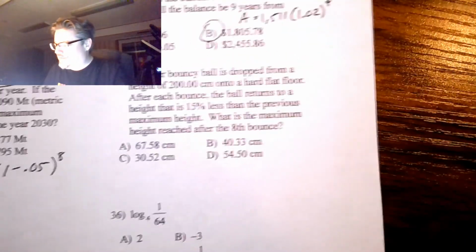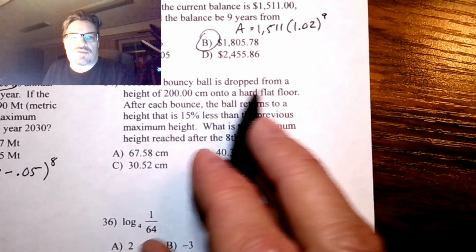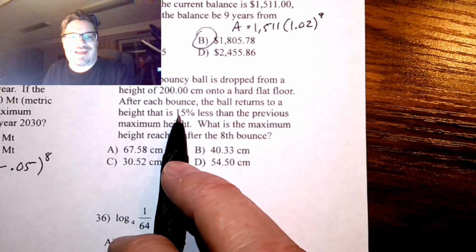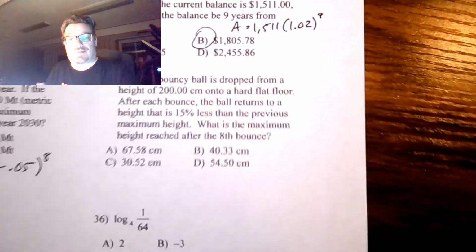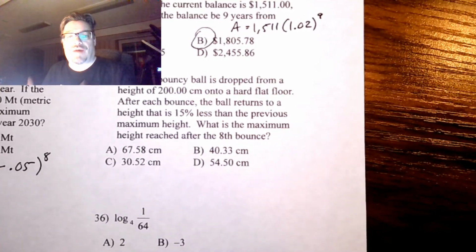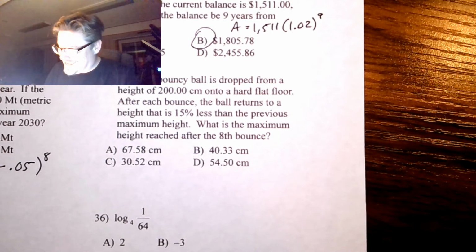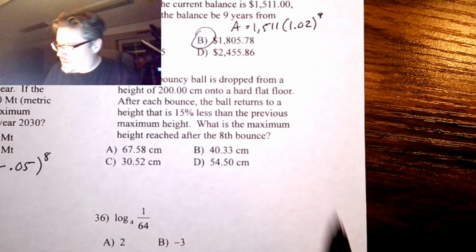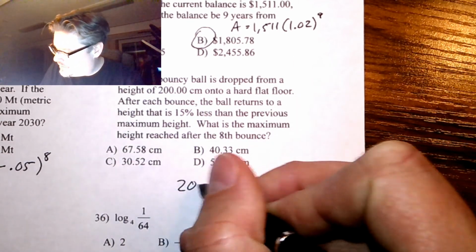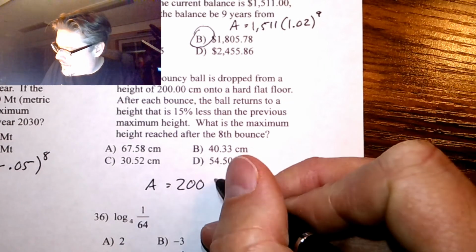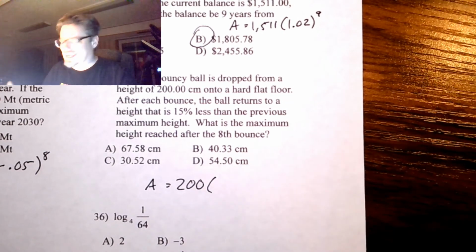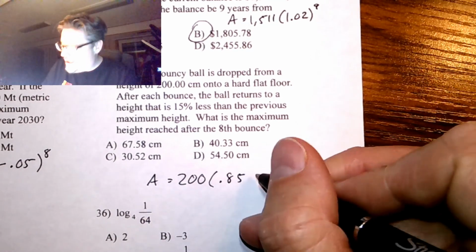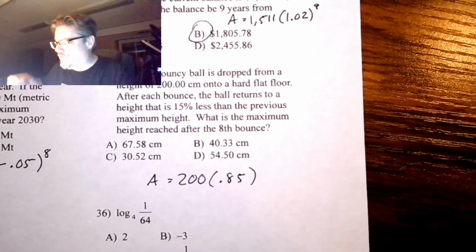So that would be 3,377. And then finally, a rubber bouncy ball is dropped from a height of 200 centimeters. After each bounce, the ball returns to a height that is 15% less. So it drops 15% of its maximum height every time. And so we can actually calculate what should happen after the 8th bounce. Okay, so a rubber bouncy ball starting off at 200 is going to drop 15%, which means you only have 85% left every time this happens for every bounce.